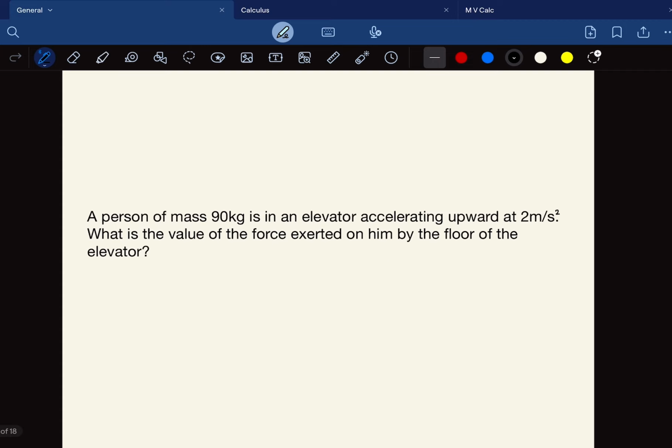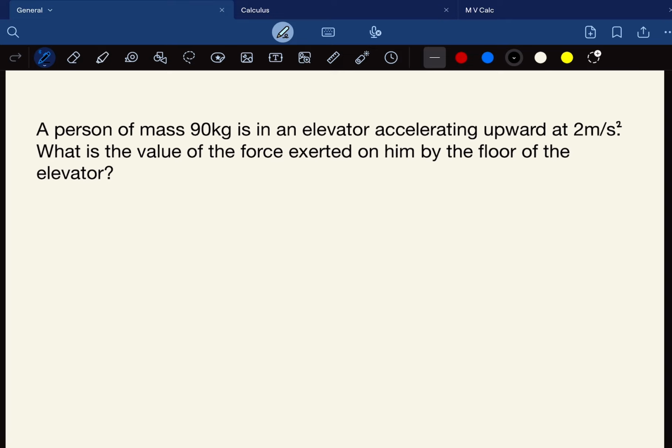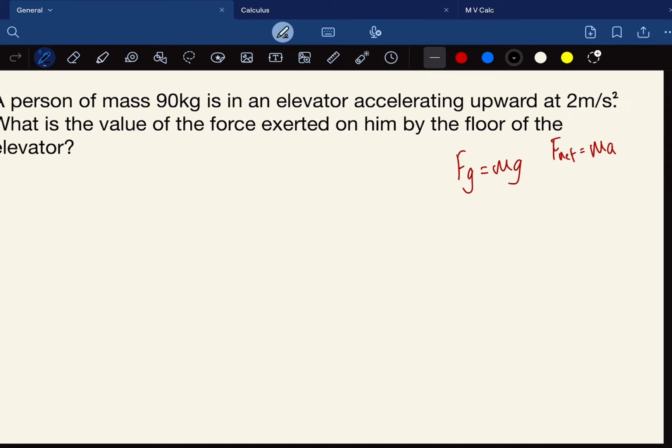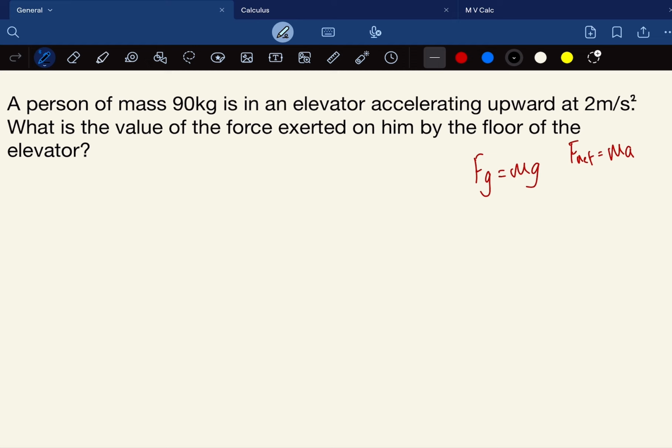Now, we know that force of gravity is equal to mg, and that net force is equal to mass times acceleration. So let's draw the free body diagram.